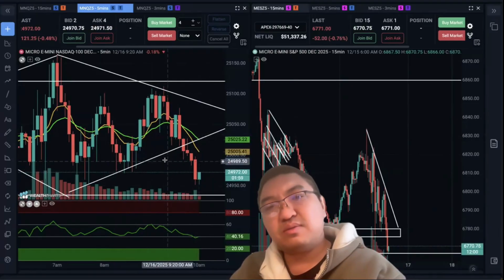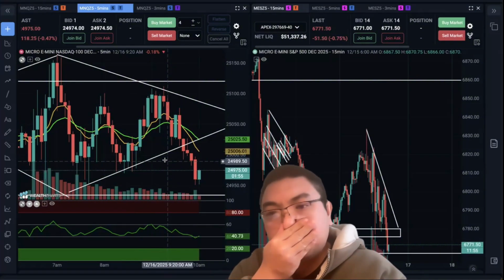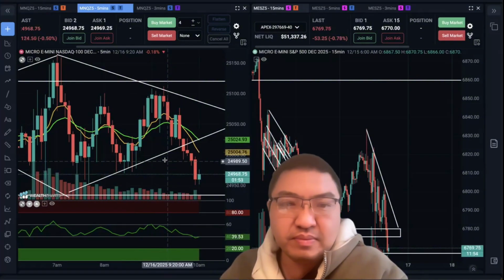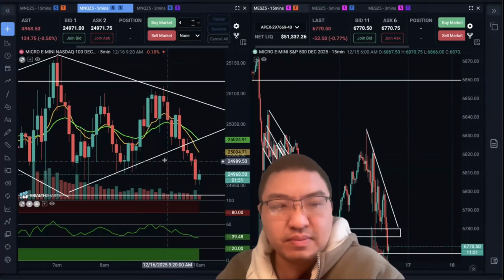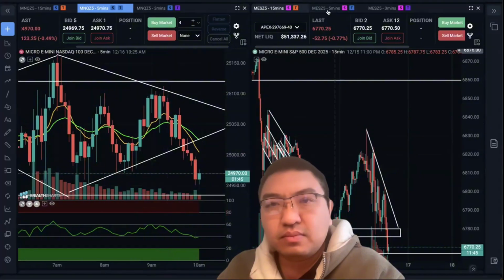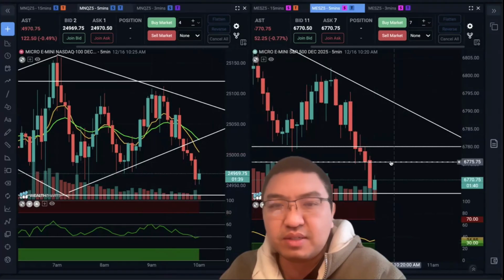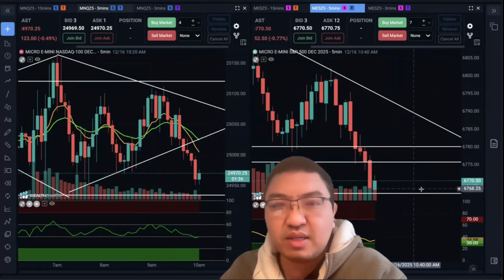We'll see. If it tests to here, then the ES is mapping here. If it retests to the trend line here, then ES mapping to here.